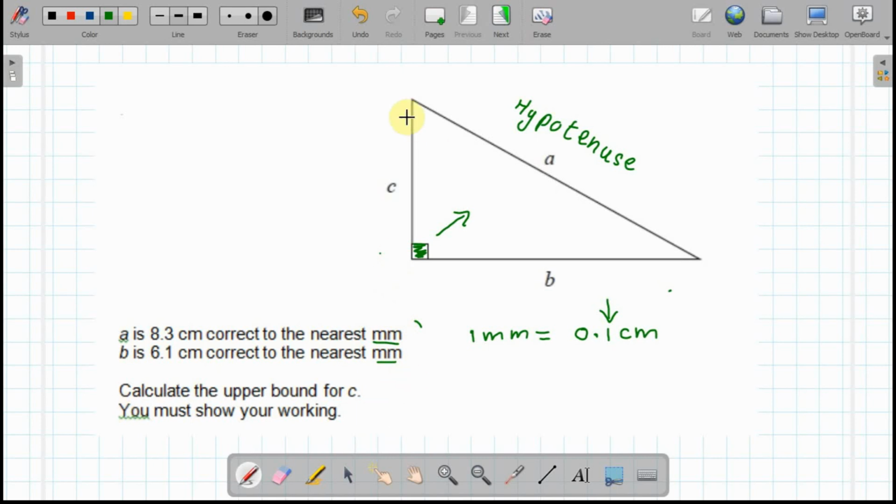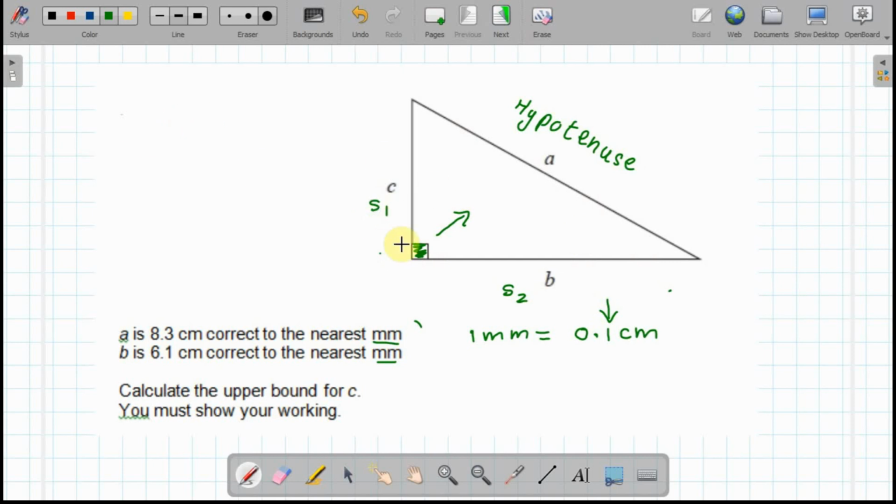This question does relate to Pythagoras theorem. Whilst using Pythagoras theorem, I like labeling my sides as side 1 and side 2. I don't like using a squared plus b squared equals c squared, just for this reason: what if they switch the letters around?